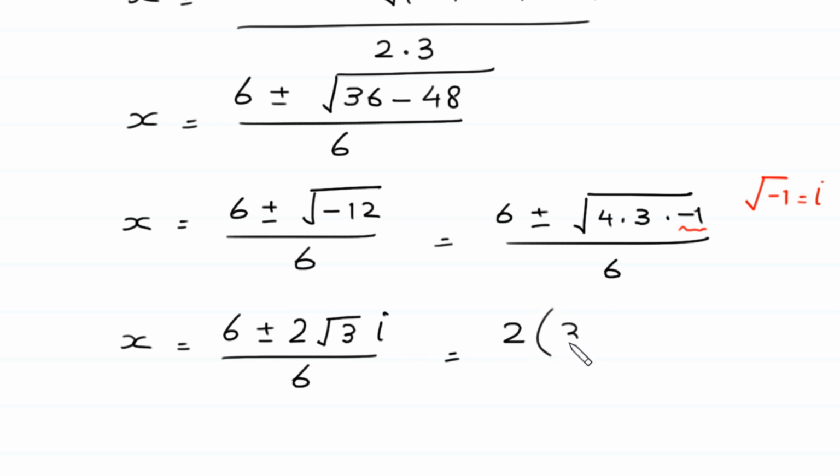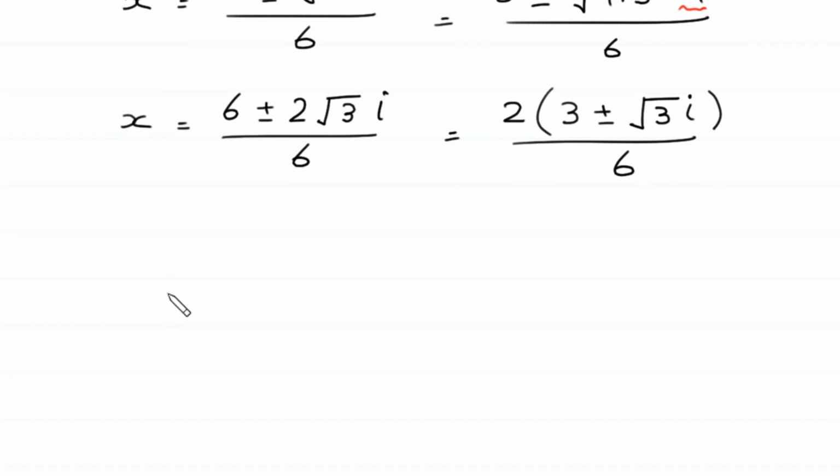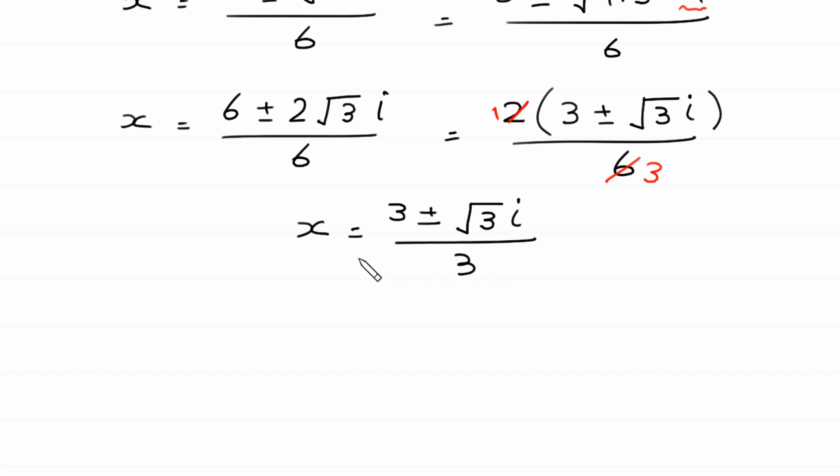In brackets left 3 plus or minus square root of 3 times i divided by 6. Next, x is equal to, from here 2 1 time and 2 3 times is 6. So here left 3 plus or minus square root of 3i divided by 3.